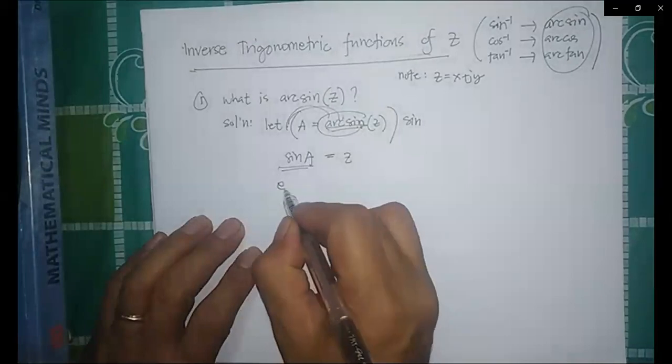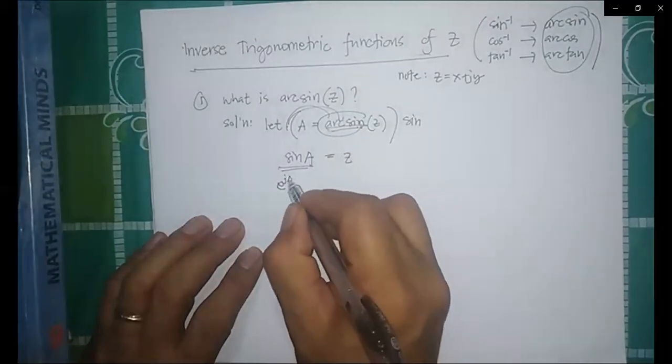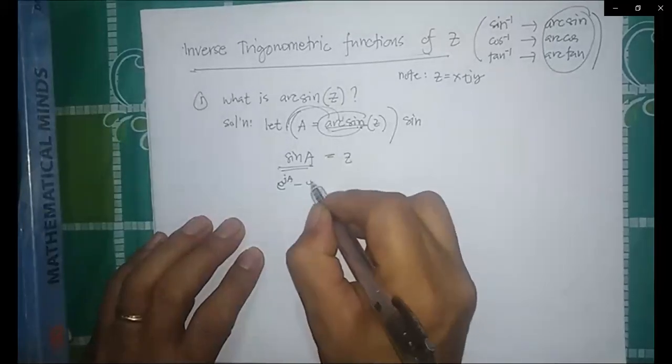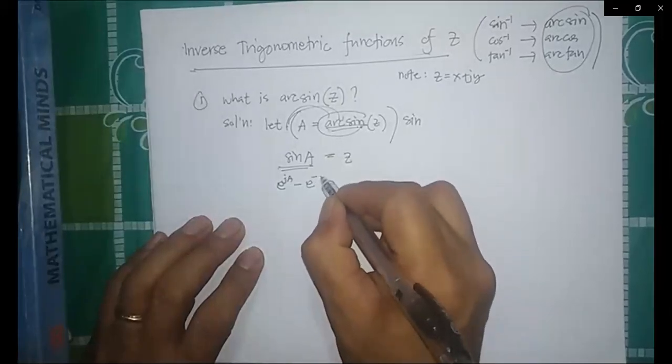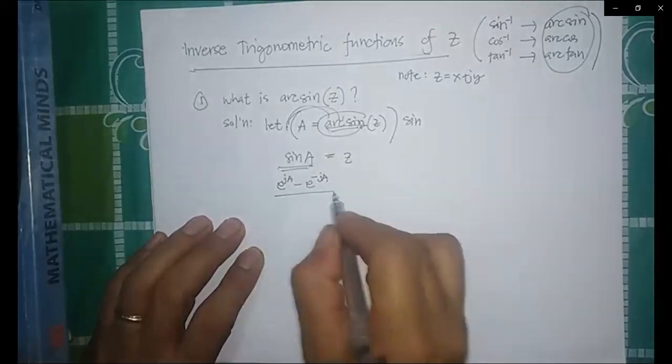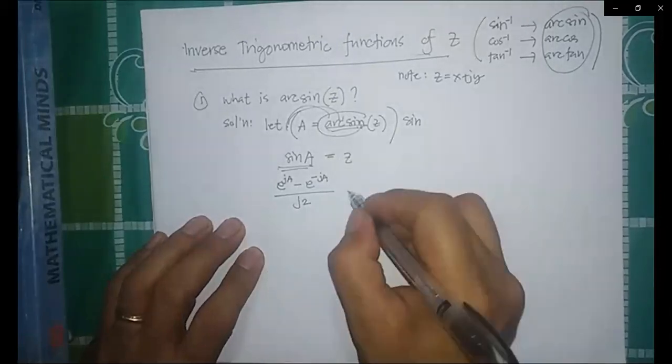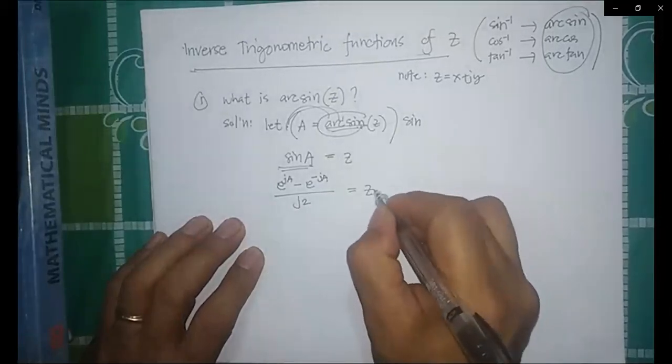If you can still recall, the value of sine is e raised to j theta, but in that case, your theta is equal to a. So that is e raised to ja minus e raised to minus ja all over j2. That is equivalent to your complex number z.